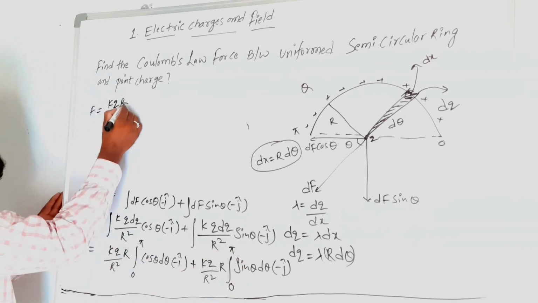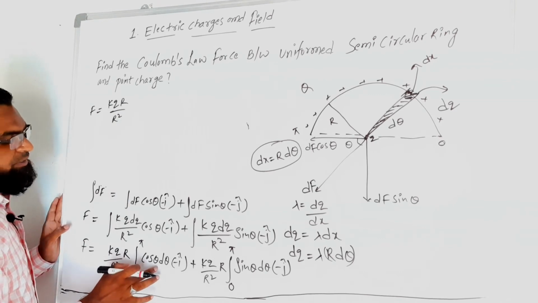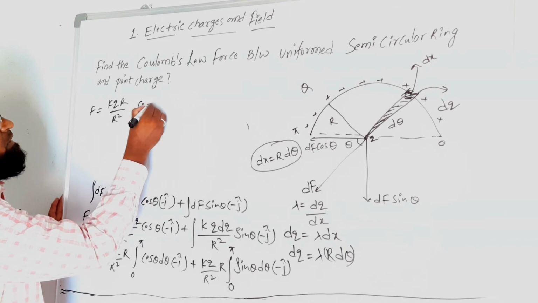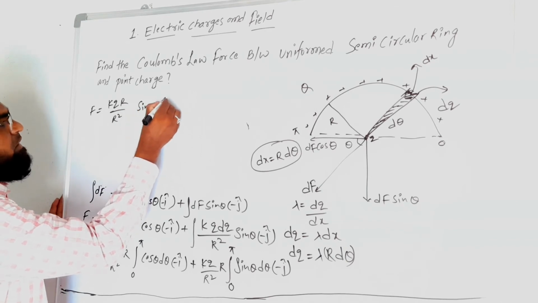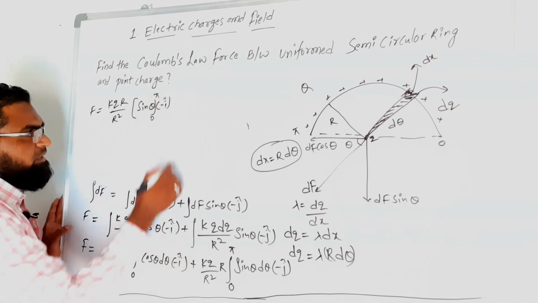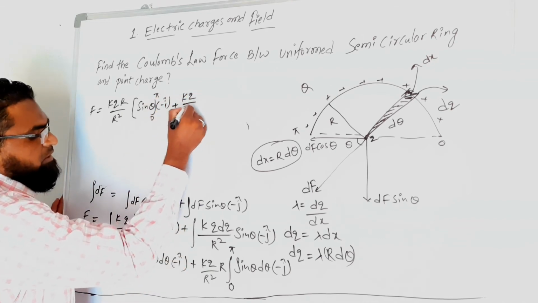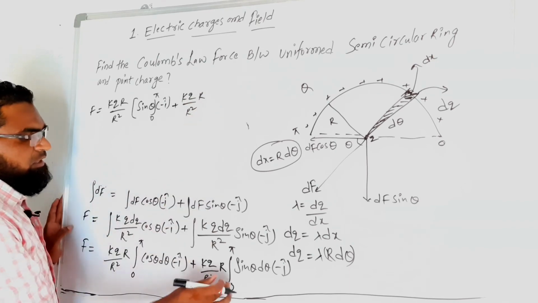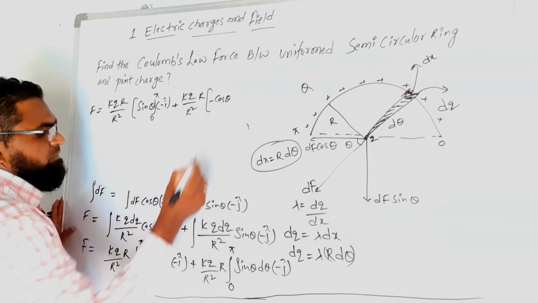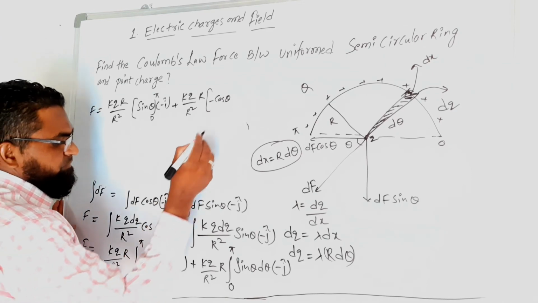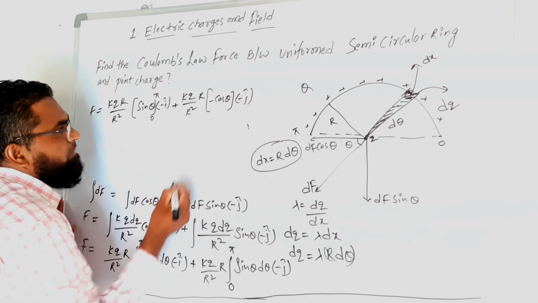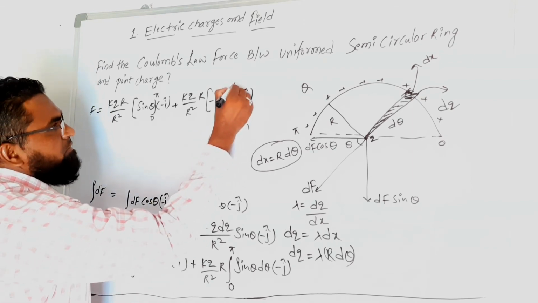So Qr integration cos theta gives sin theta minus i cap, with limits 0 to pi, and the second is plus kq by r square into r, integration sin theta gives minus cos theta, of minus j cap, limits 0 to pi.